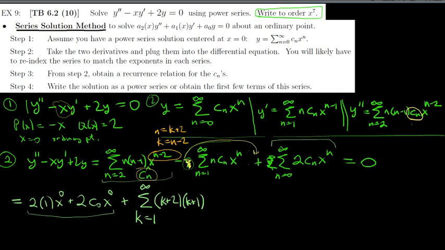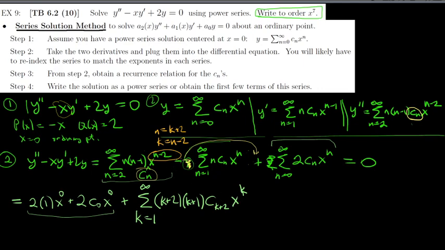Better late than never, right? So if that's cn, this will be ck plus 2, so times c sub k plus 2. And then x to the power k, and minus 2 plus 2 is k, right? Okay, phew. I'm glad I caught that.